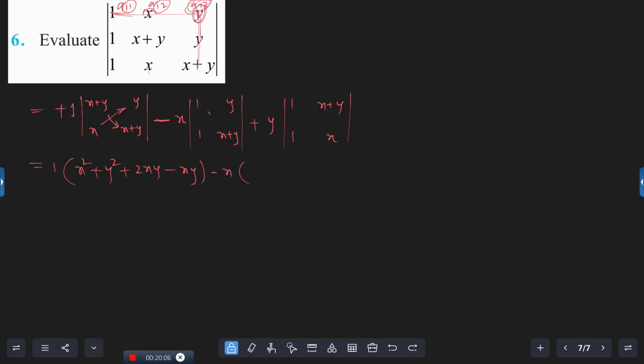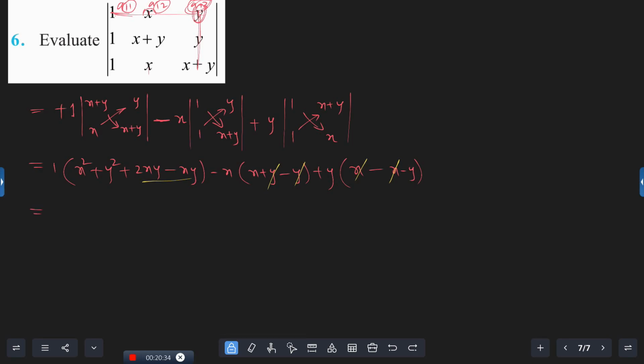Minus x into, when you multiply these together, 1 into x plus y, formula minus 1 into y plus y into 1 into x, formula minus 1 into x plus y. Minus x plus y, you have to send the minus inside also, so minus y you will be getting. So what all is possible to cancel, you strike out. Plus x minus x, plus y minus y, and this you have to subtract.